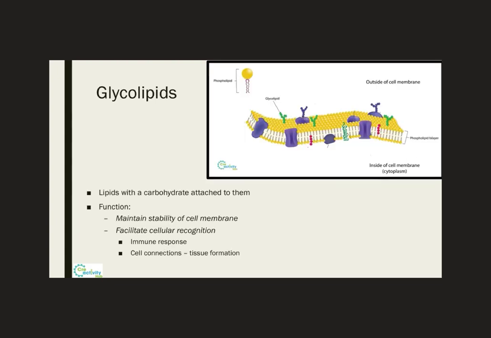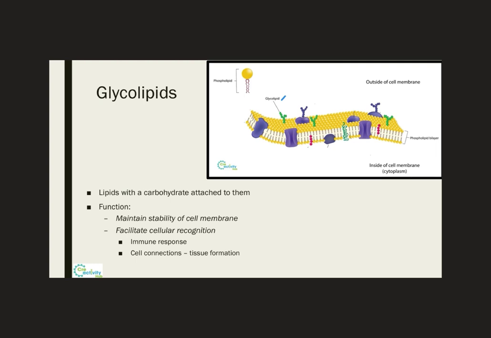Moving on to the glycolipids, the inner and outer surfaces of the plasma membrane will differ in protein and lipid composition. The carbohydrate, which is the glyco component of the glycolipids and glycoproteins that extend away from the outer surface of the plasma membrane, forms this very viscous superficial coating that's known as the glycocalyx.